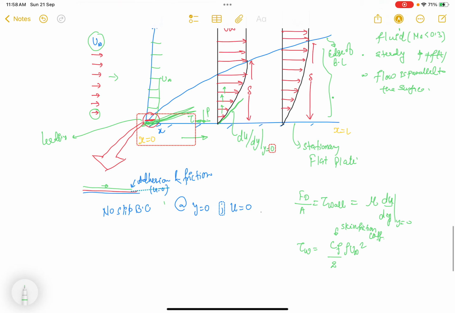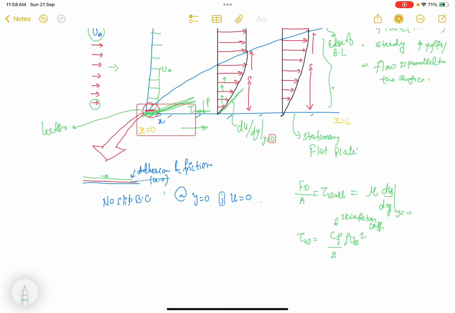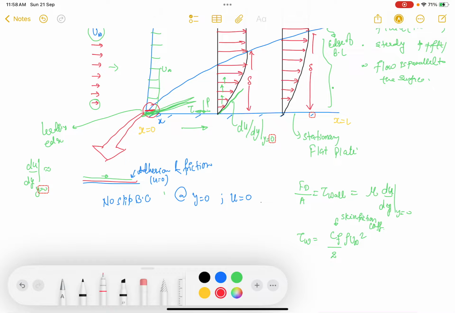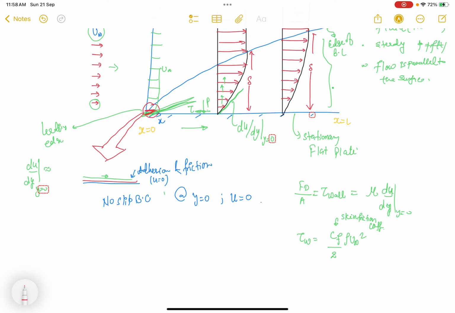Alright, so near this region, the leading edge, if we find the velocity gradient, the velocity profile is more or less linear only here, and will be changing from u infinity minus 0 at the wall, and the thickness will be very, very small.